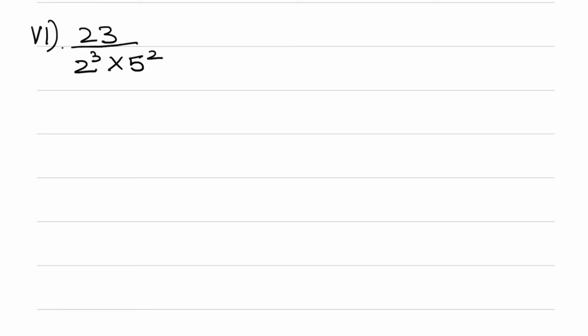Sixth part, it is 23 by 2 raised to the power 3 into 5 raised to the power 2. So to write down the decimal expansion, we can multiply the numerator by 5 and the denominator by 5.